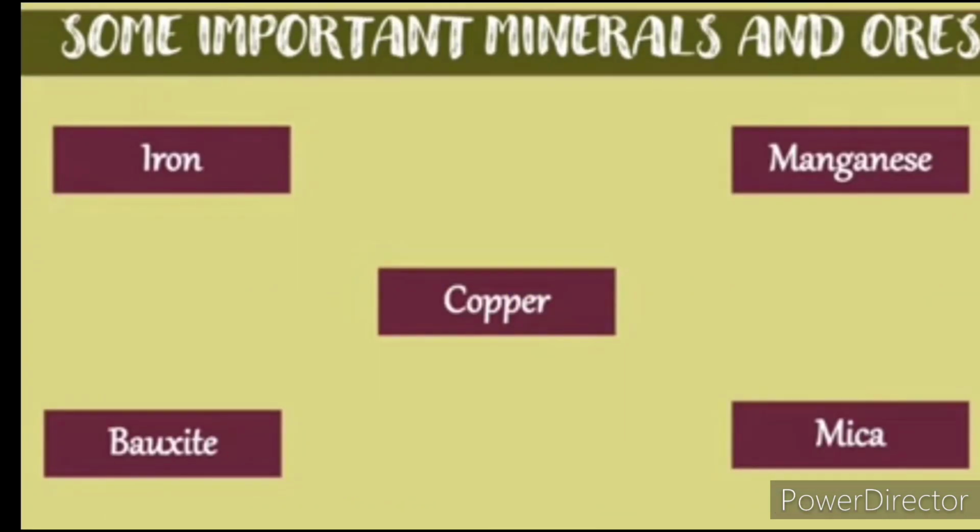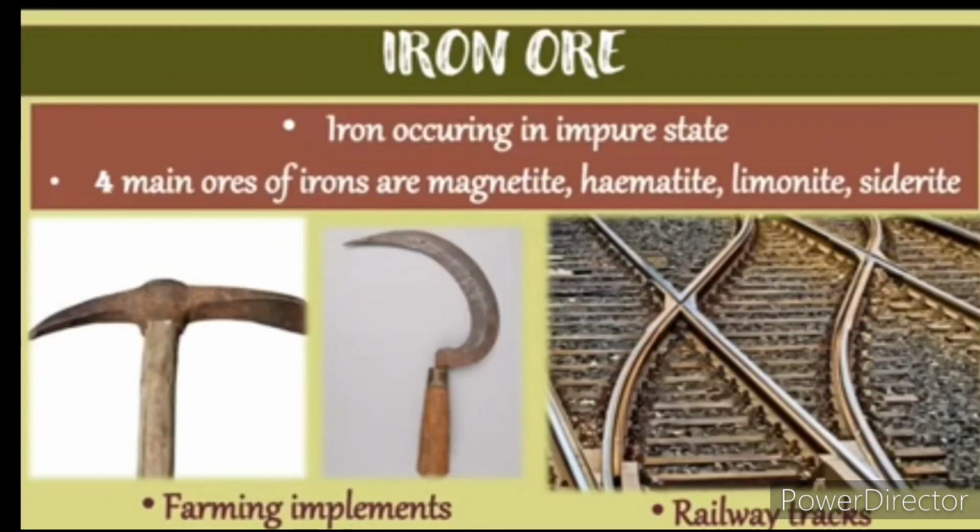Let's see some important minerals and ores. First is iron, copper, bauxite, manganese and mica. Let's see in detail about iron ore. Iron occurring in an impure state is called iron ore. Iron ore is used to make a variety of articles from pins to heavy machinery.